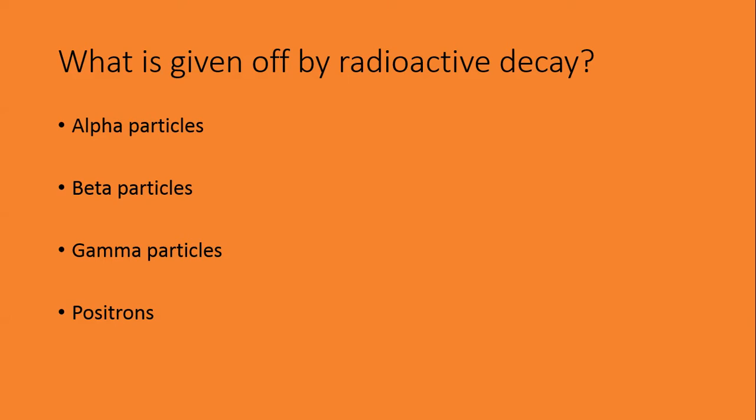We've already talked a little bit about them, but we simply could be looking at alpha particles, beta particles, gamma particles, or positrons. Now remember we said an alpha particle is really just a helium nucleus. Again, if you want to write this down, you can. A beta particle is really just an electron. A gamma particle we haven't talked about, but it's because it's not a particle.